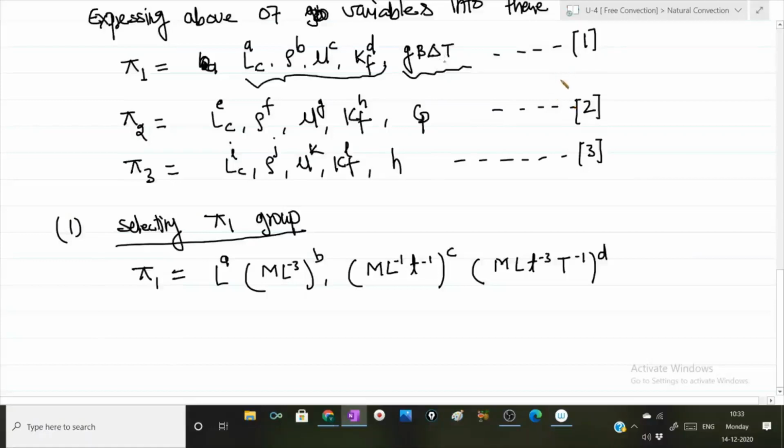So the dimensions of G beta delta T. Now G beta delta T represents the buoyancy force. What is the unit of force?